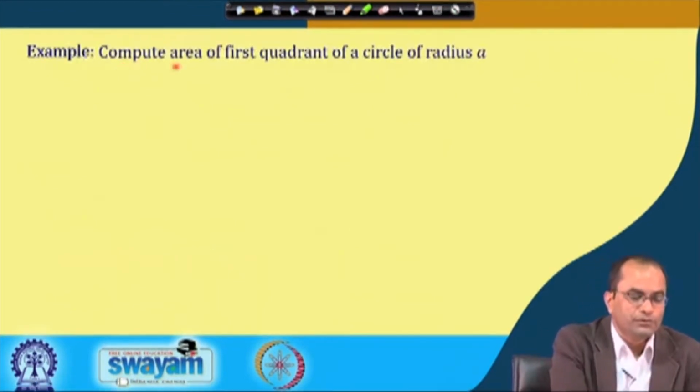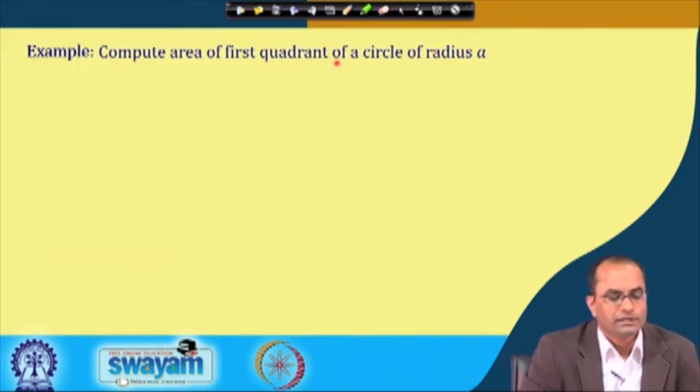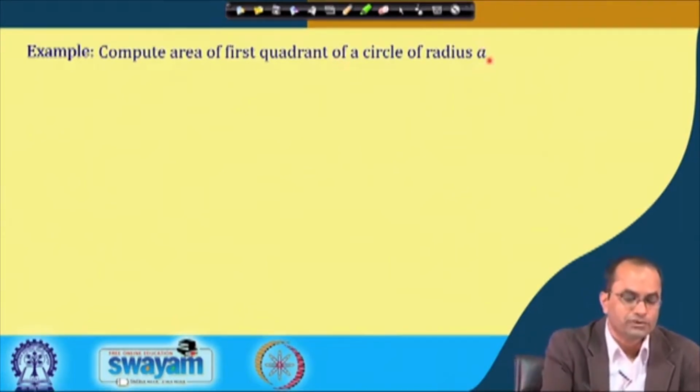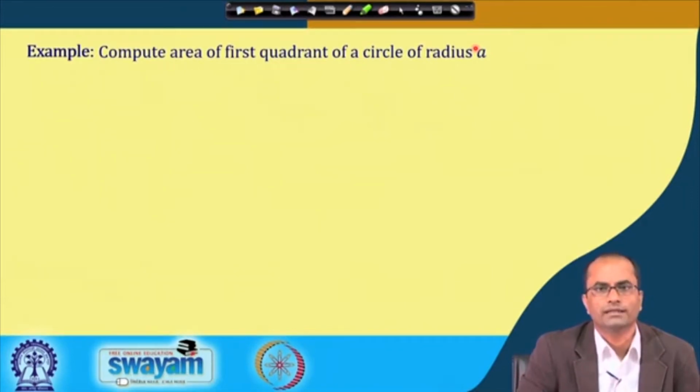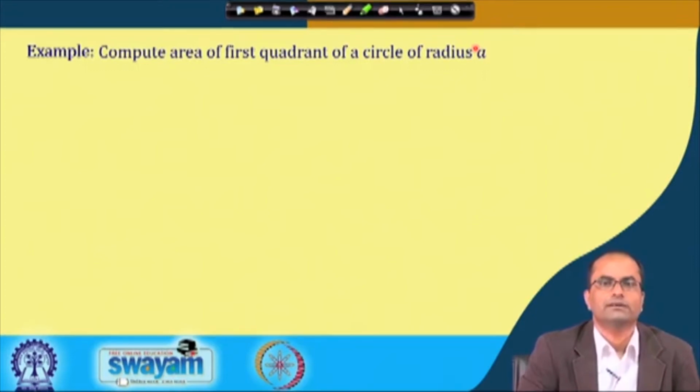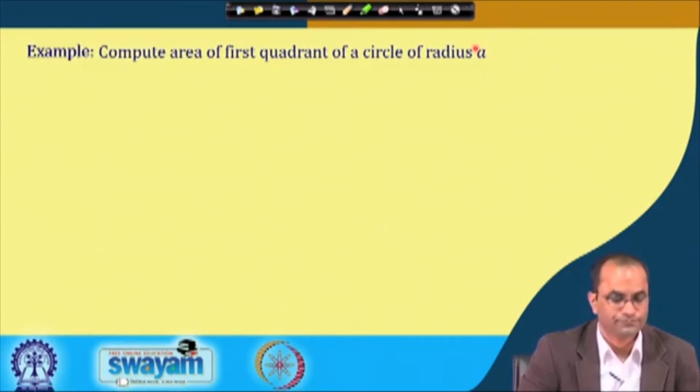Now we want to start with a very simple example: compute the area of the first quadrant of a circle of radius a. So, we have a circle of radius a and we want to compute the area. For the area we just assume that the function f is 1, and then we get this integral over r dr d theta, which will give us the area, as we have done in Cartesian coordinates.